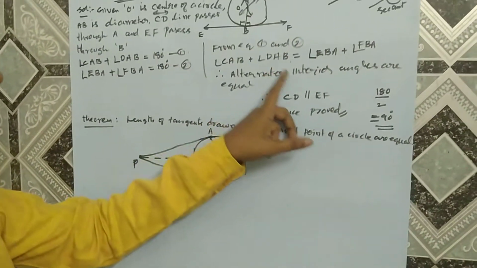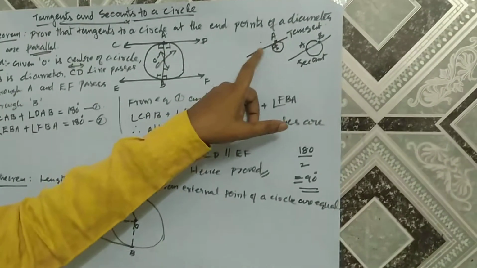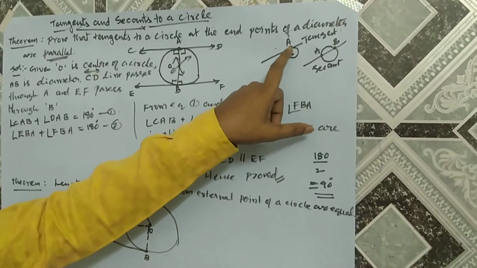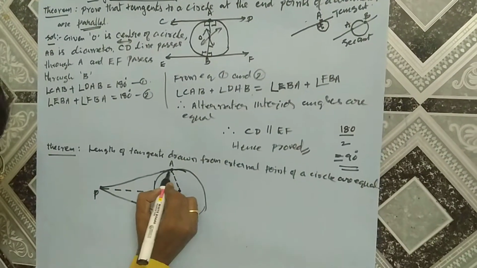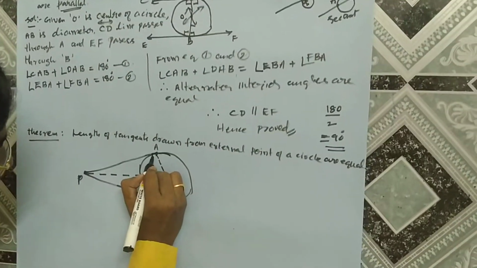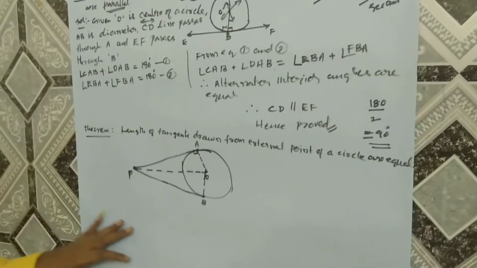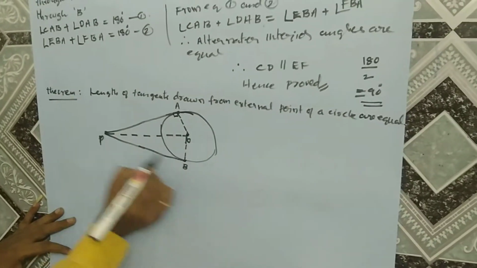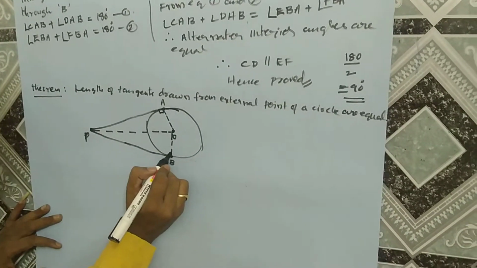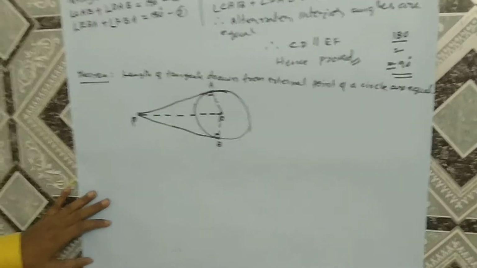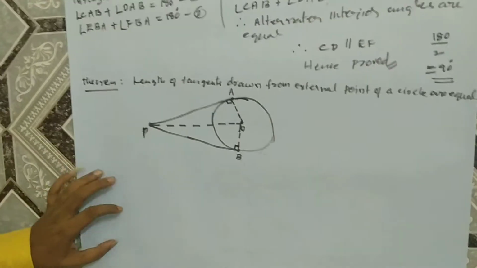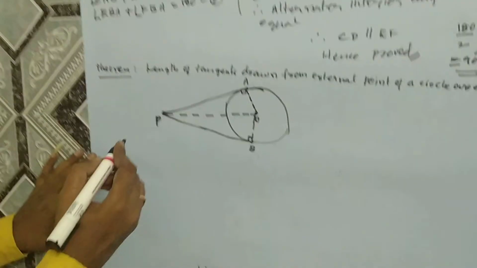Just now we proved that the angle between the tangent and the radius at the point of contact is 90 degrees. OA is the radius, PA is a tangent, so there will be 90 degrees. OB is the radius, PB is a tangent, touching the circle at the point of contact, 90 degrees. So from this we can prove the theorem.